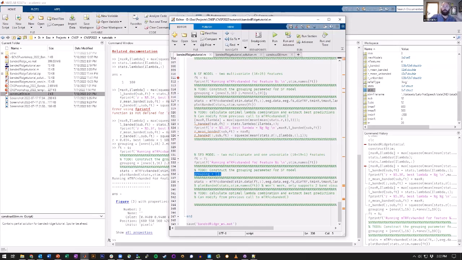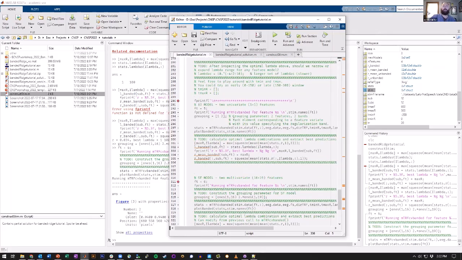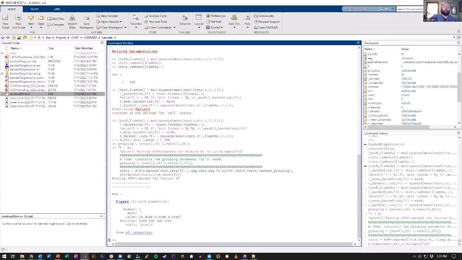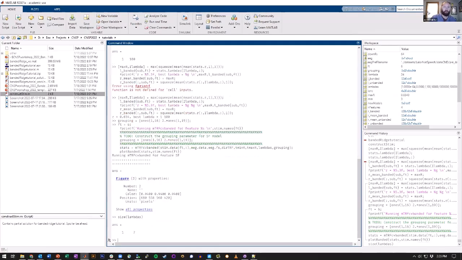will take a long time, because in regular ridge regression, it will have to do however many lambdas you have. So I think the number of lambdas here is 7.